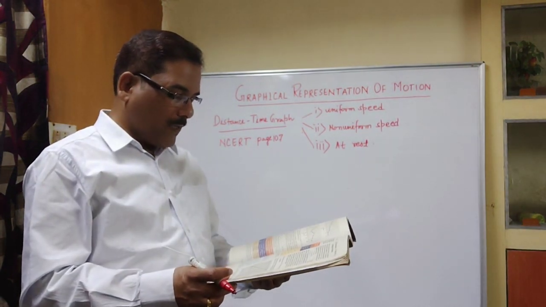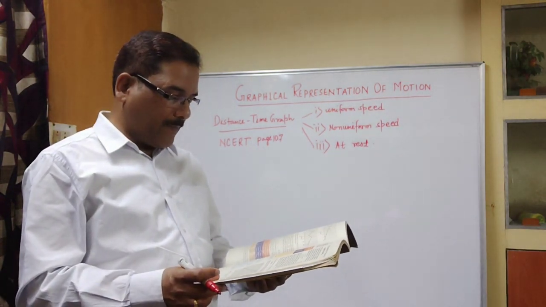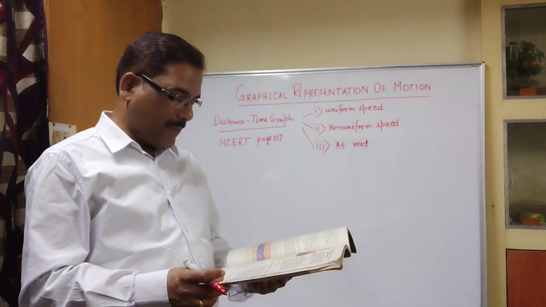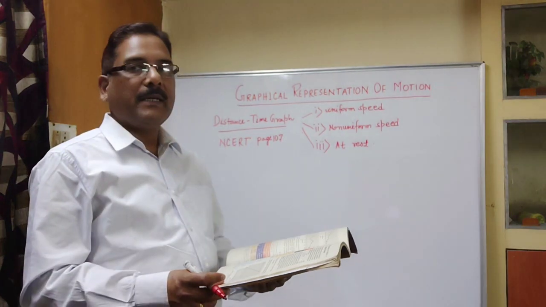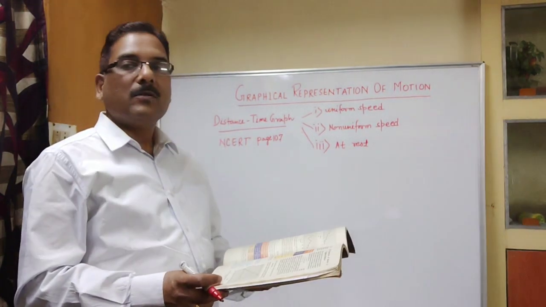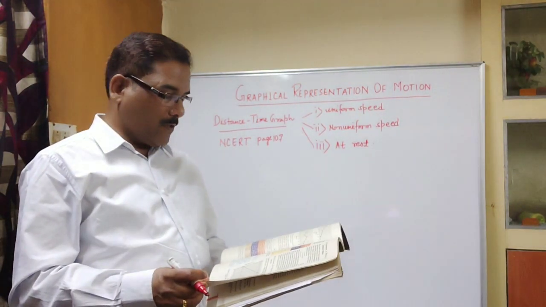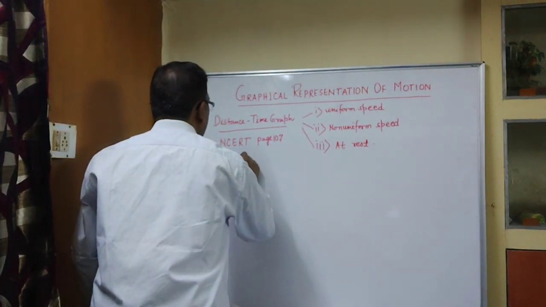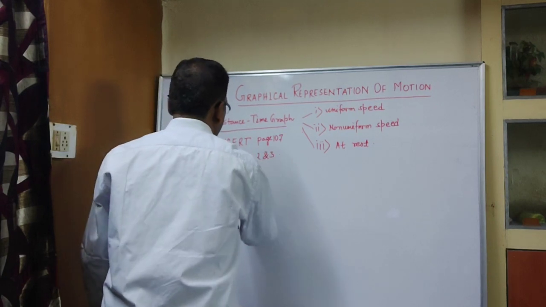Third question, what can you say about the motion of an object if its speed-time graph is a straight line parallel to the time axis? It means the object's speed is constant because it is parallel to the time axis. So it is your homework. You will solve question number 1, 2 and 3.